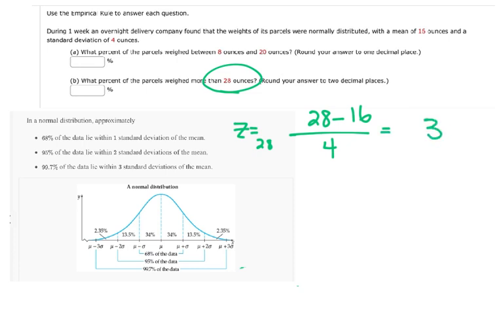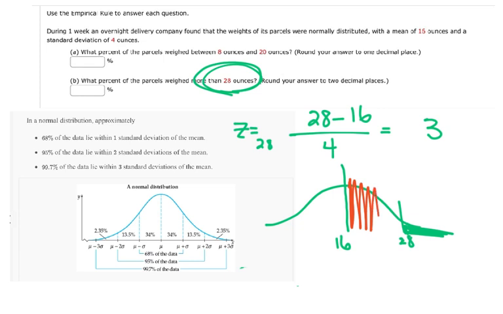Okay, and by the way, I skipped this part, but let's look real quick right here. Here's my mean. 28's way over here, okay? Now, they want it to be more than 28, so they want it to be over here. When you look up the value in the table, it always gives you the value between the mean, so it's going to give me this value right here.